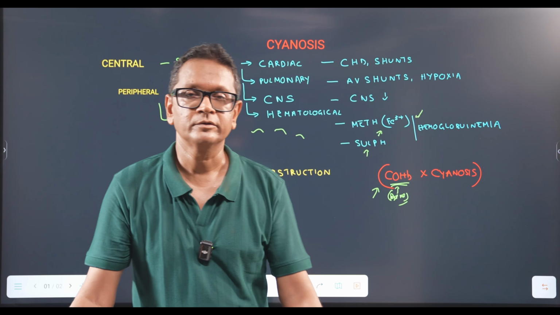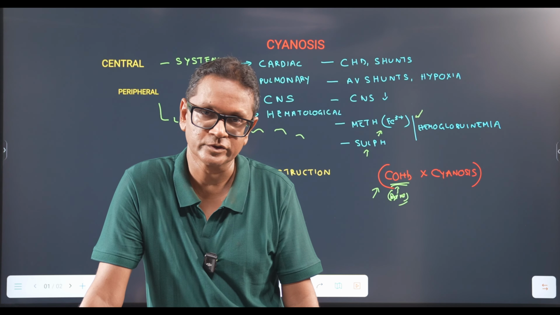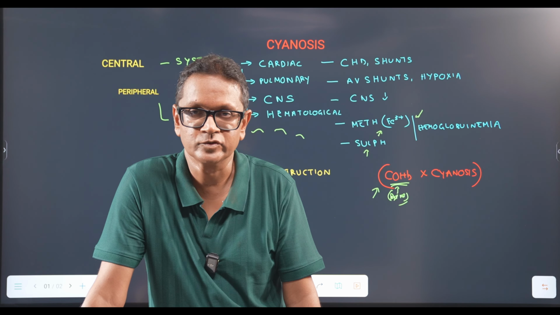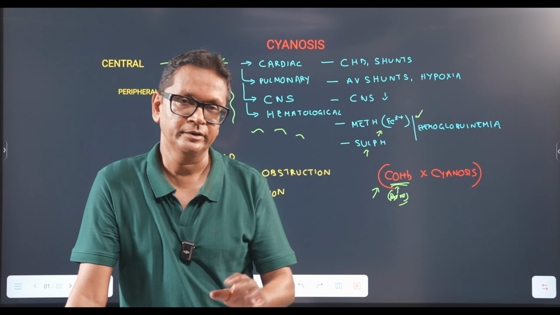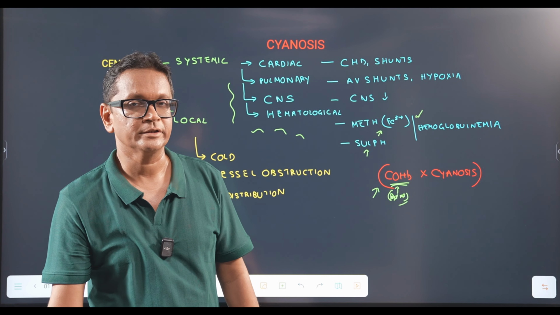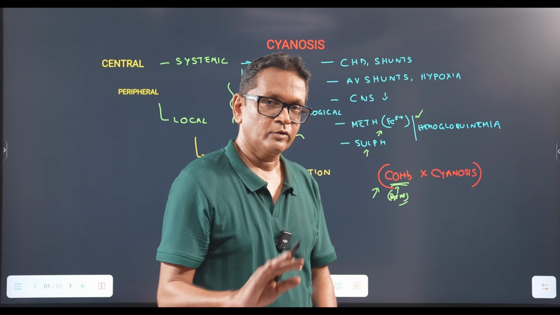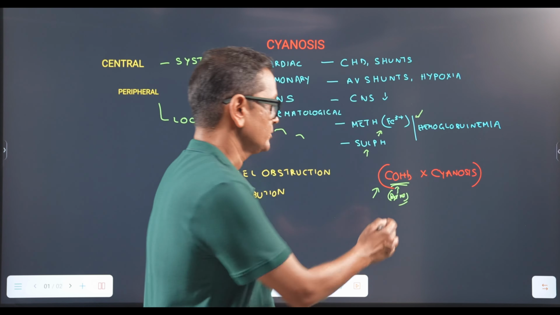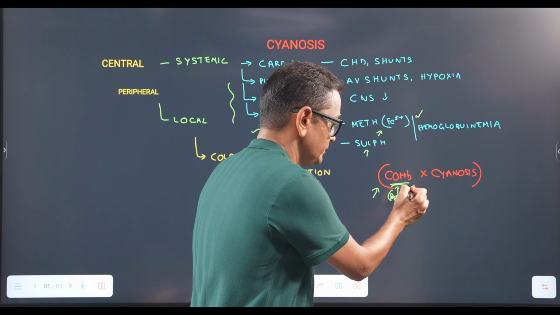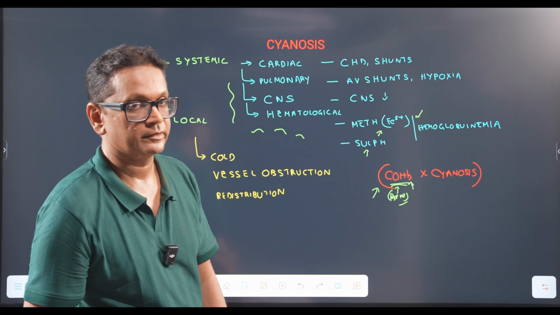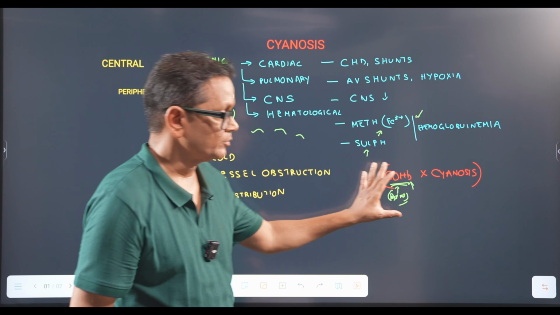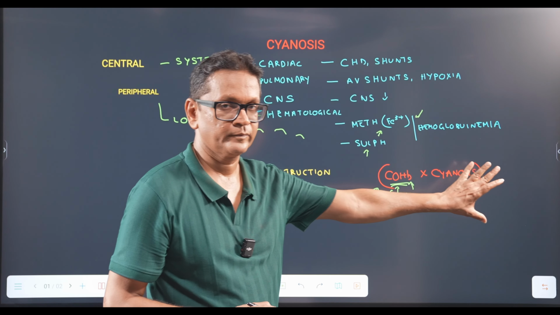That's why any person who is exposed to fumes, especially gasoline fumes, if they are found unconscious, apparently they look normal and they simply die of tissue hypoxia. In them, we won't see any cyanosis. So this is one of the exceptions because of the color of carboxyhemoglobin itself. It is bright red in color. So carboxyhemoglobin never produces cyanosis per se.